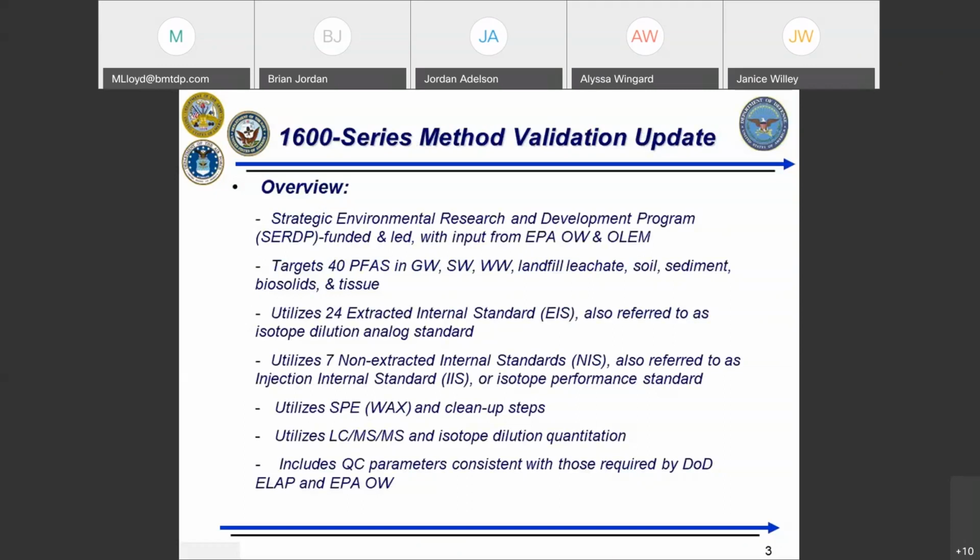The method targets 40 PFAS in groundwater, surface water, wastewater, landfill leachate, soil, sediment, biosolids, and tissue, and utilizes 24 extracted internal standards, EISs, to perform isotope dilution quantitation. Samples undergo wax solid phase extraction and cleanup steps before being analyzed by LCMS-MS. The QC parameters of the study are consistent with those required by DoD and EPA Office of Water.